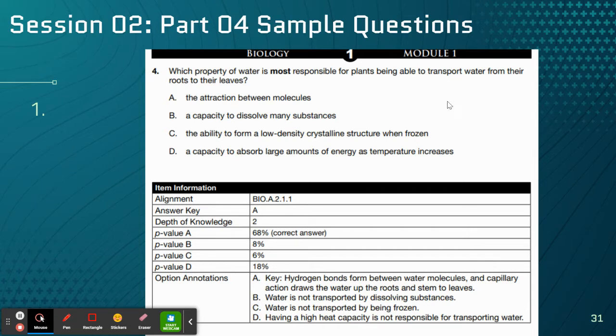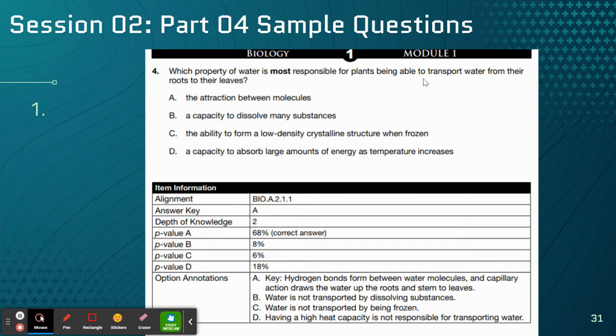When we're looking at water, you can read that most of these are properties of water. They have attraction between their molecules. Yes. They can dissolve many substances. Yes. It's the universal solvent. They can form low density crystalline structures when frozen. Yes. It's less dense as a solid. And they can absorb large amounts of energy as temperature increases. Yes. All of these are properties of water.